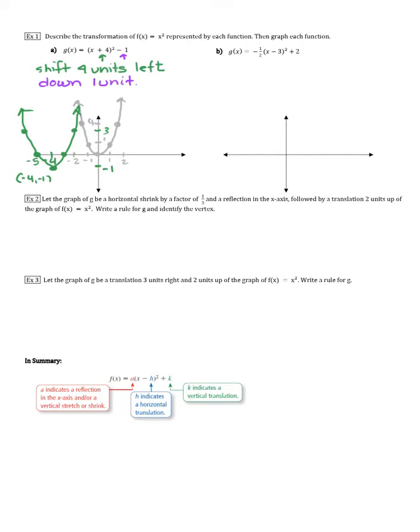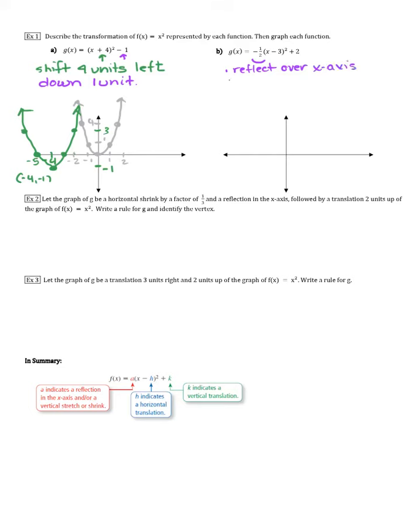Okay? So now this second one, we got a lot more going on here. And again, order matters. So what I would always do is if there's a dilation or a reflection, I would deal with that first, because those actually change the shape and position of your graph. So let's deal with this first. So this says that I'm going to reflect over the x-axis. That's what the negative does.